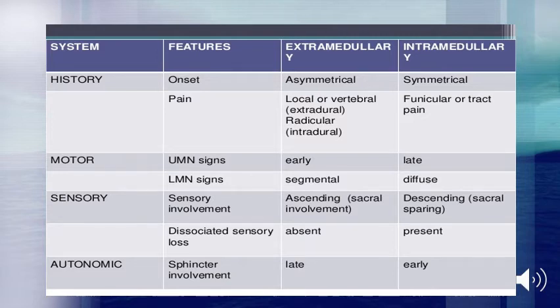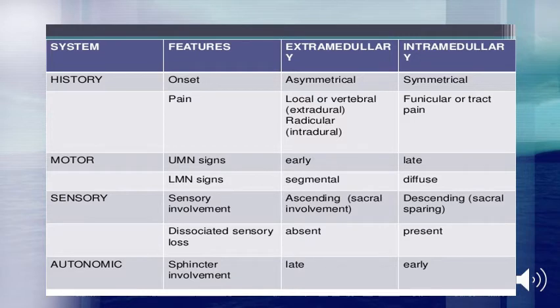In the extramedullary lesion, the onset is asymmetrical, while intramedullary is symmetrical. The pain is local or radicular in extramedullary lesion, while it is funicular or tract pain in the intramedullary.